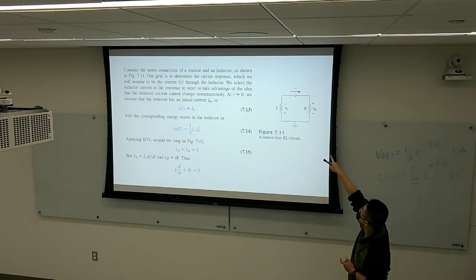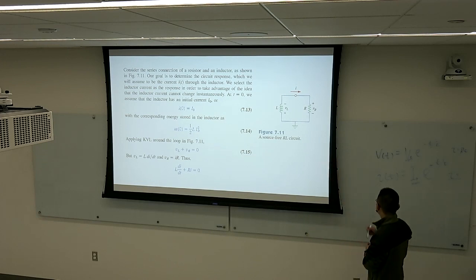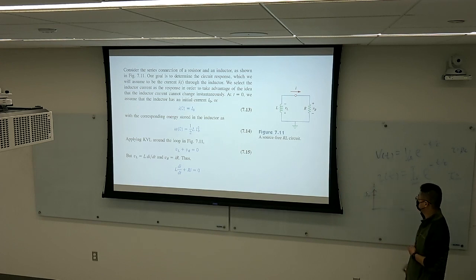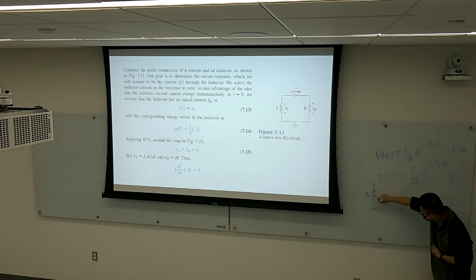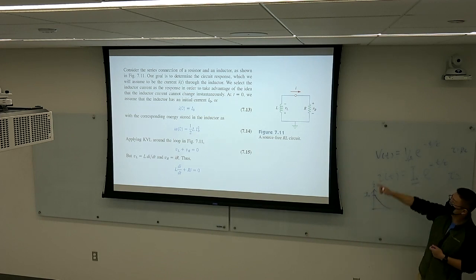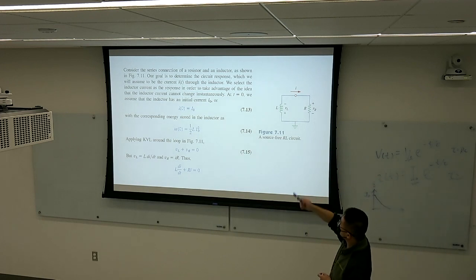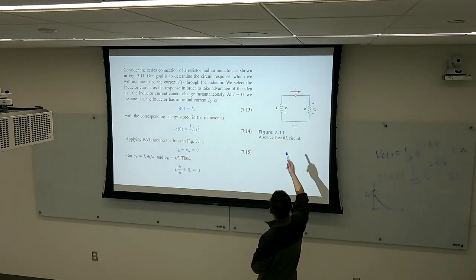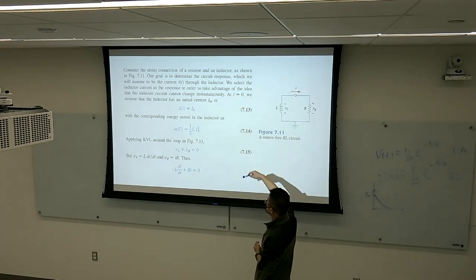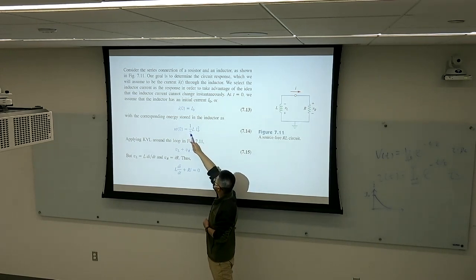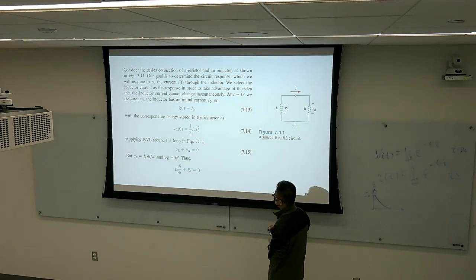So the inductor has the initial current I0, and it will exponentially decay to 0 because the resistor will consume the energy. Here we assume that the initial current is I0. So we have the initial energy stored in the inductor, given by this equation. And finally, this energy will be consumed by the resistor.